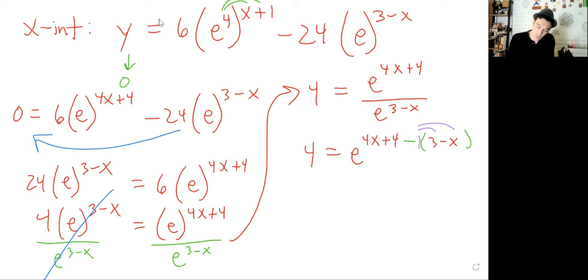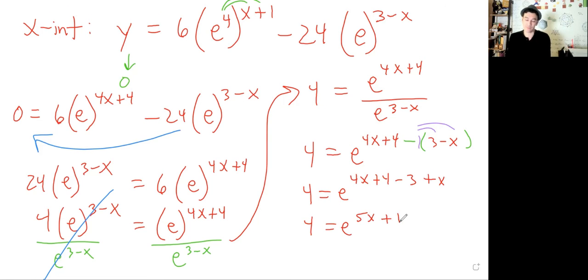And so here is what we get. 4 equals e to the 4x plus 4 minus 3 plus x. And so this is e to the 5x plus 1. And if I switch the order of the equation, it would say this here.